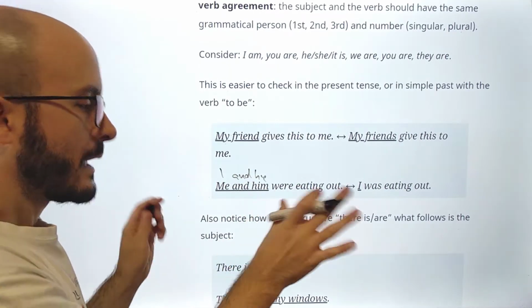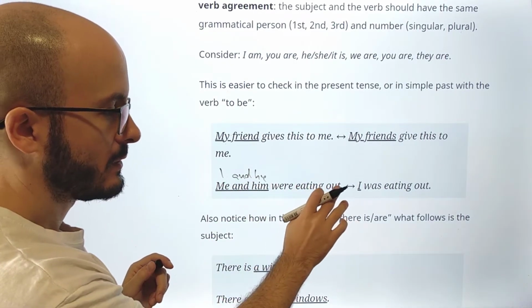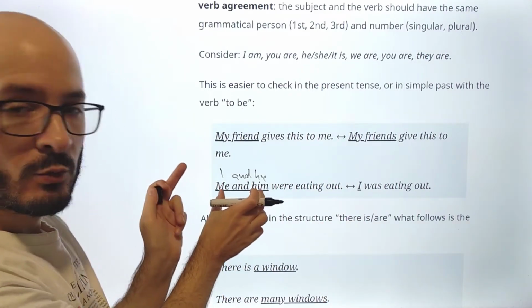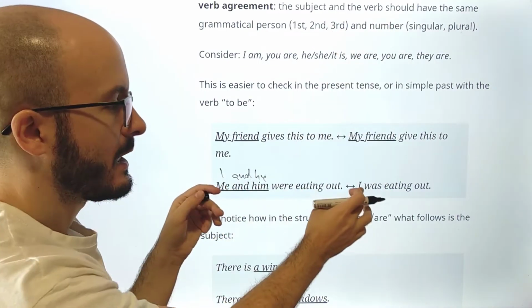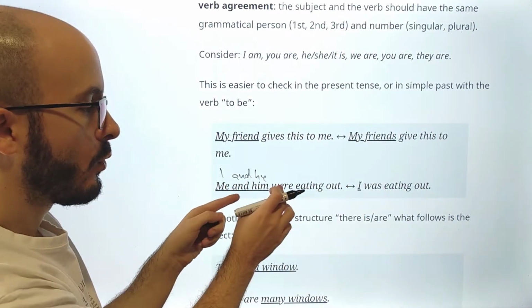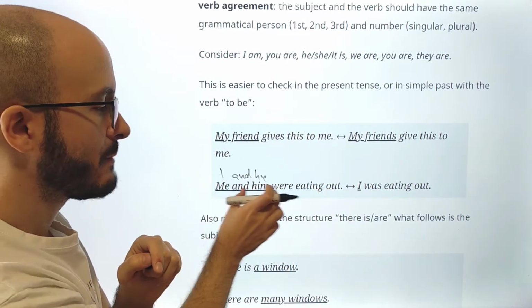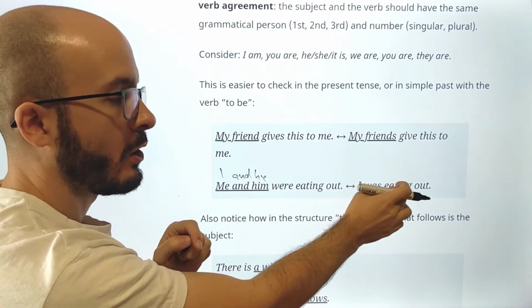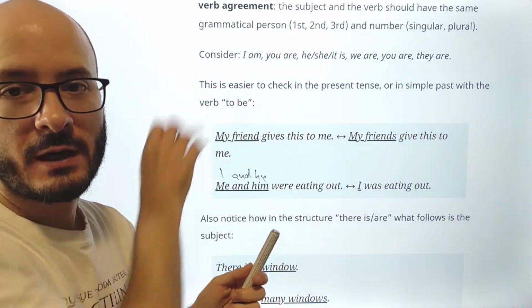But still, it doesn't matter. Me and him were eating out. Now, if we change what we think is the subject for some other subject, I, then were has to change to was. So me and him were eating, I was eating. Okay, so this is subject-verb agreement.